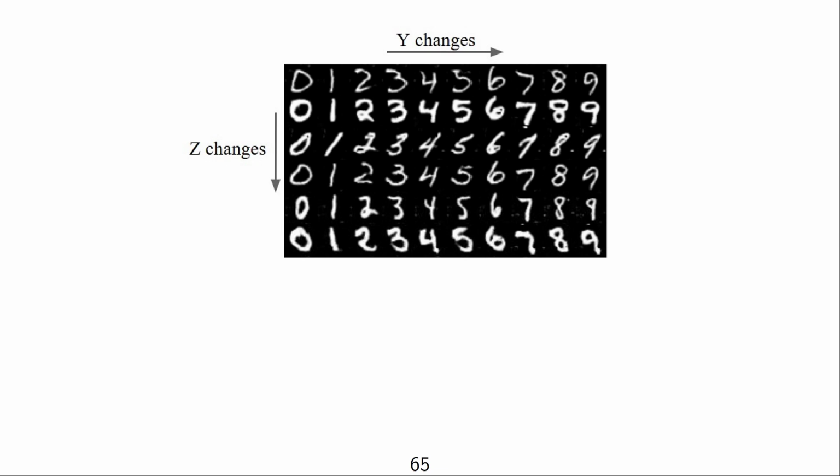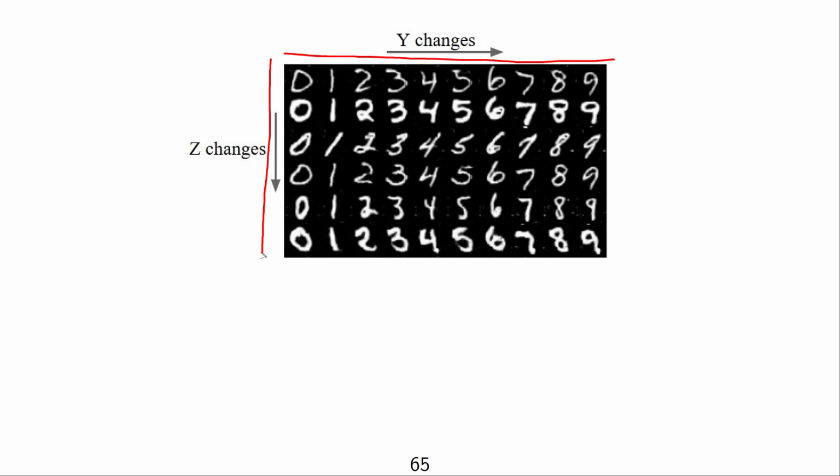So here we see some results of conditional GANs. Here we see that the given label changes, and going down, looking at different rows, we see different random vectors for the initialization.